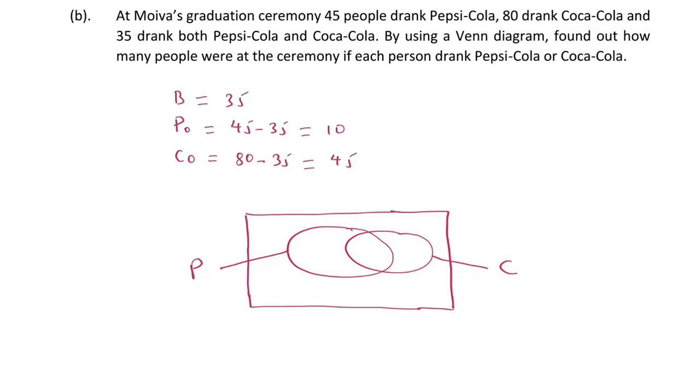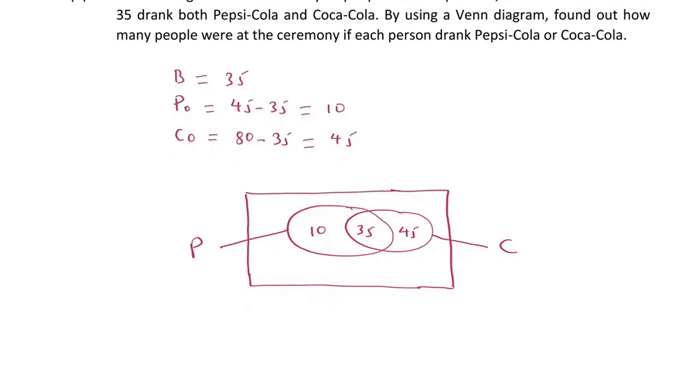The value here is going to be 10, here is 35, and here is 45. To get the total number of people, we just take 10 plus 35 plus 45, which after solving gives 90. And this is the total number of people who were around.